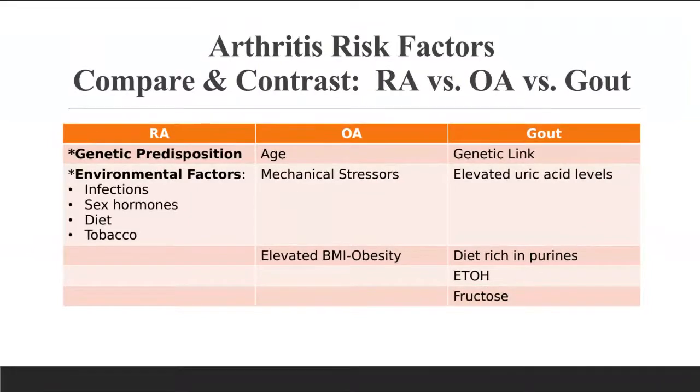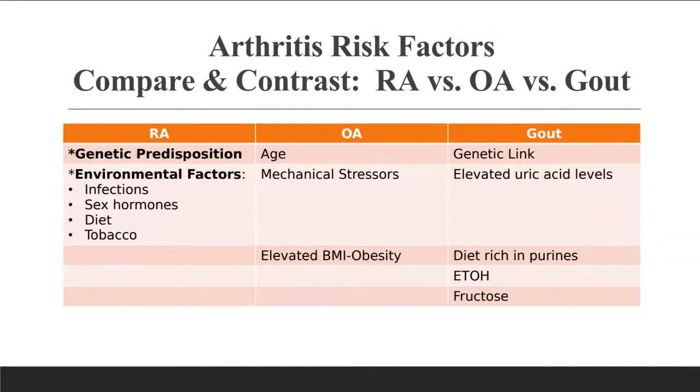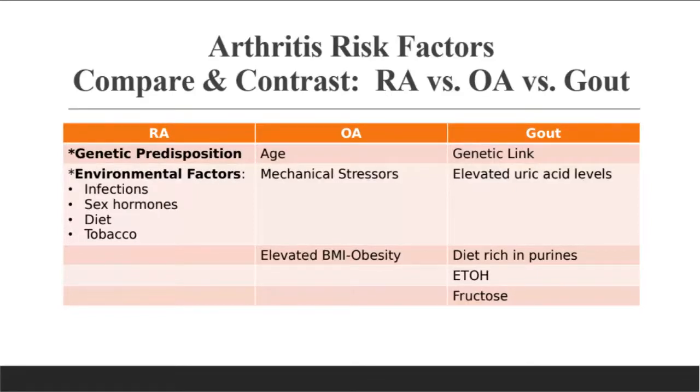Gout is exacerbated by a diet rich in purines. People who drink a lot of beer or eat a lot of processed foods like sardines or organ meats, or sugar, which is another big one, I almost forgot that one, can exacerbate gout.